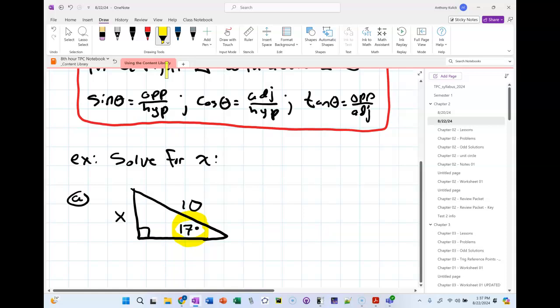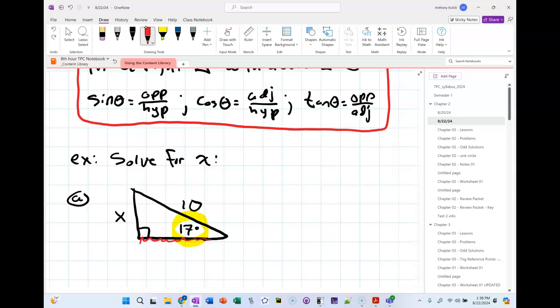So we're going to look at the angle that we know. Relative to that angle, we want to label the sides of the triangle as opposite, adjacent, hypotenuse. So relative to that 17-degree angle, what is that side there in red? Is that opposite, adjacent, or hypotenuse?